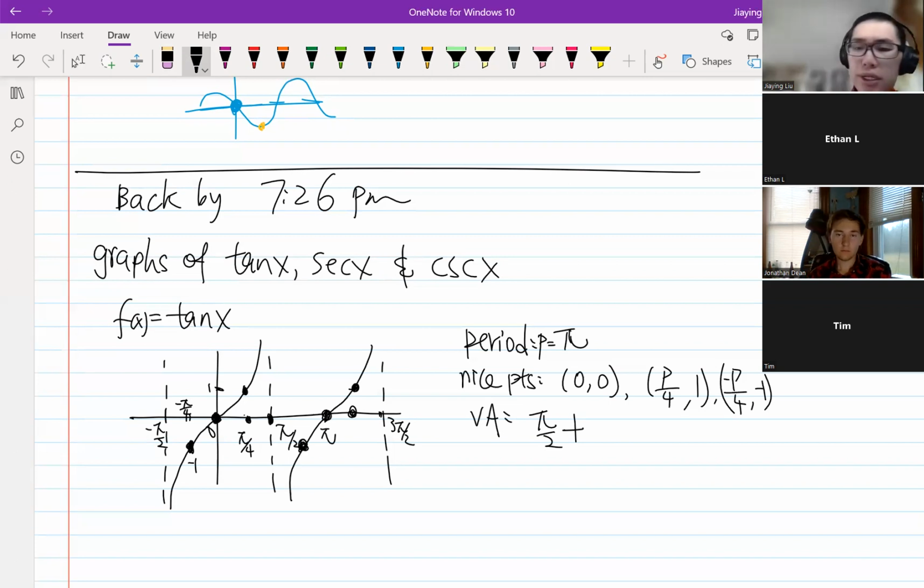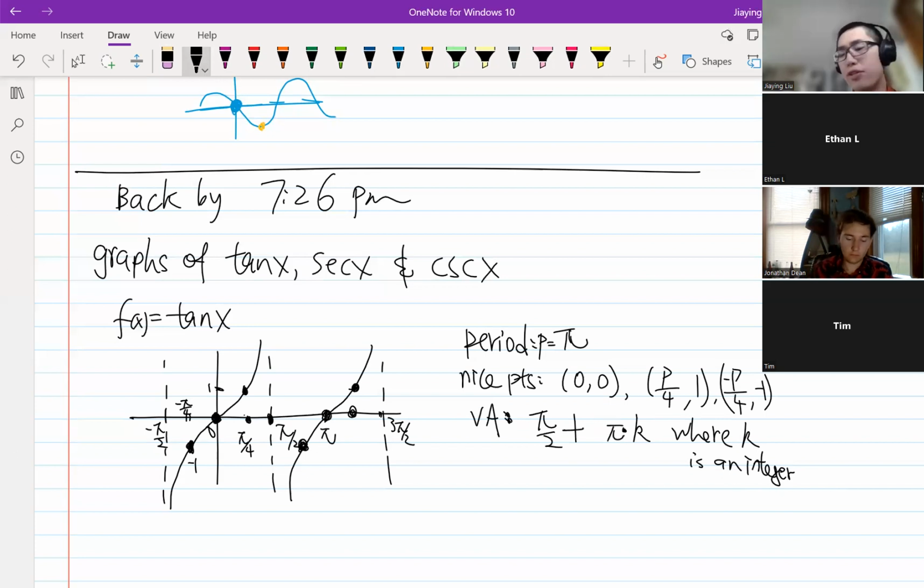Pi over 2 plus pi times k, where k is an integer. So that's where the vertical asymptotes are. It's going to be pi over 2 plus multiples of pi. I don't know why I put 2 there. Multiples of pi. So pi over 2, 3 pi over 2, 5 pi over 2. So that's a vertical asymptote.